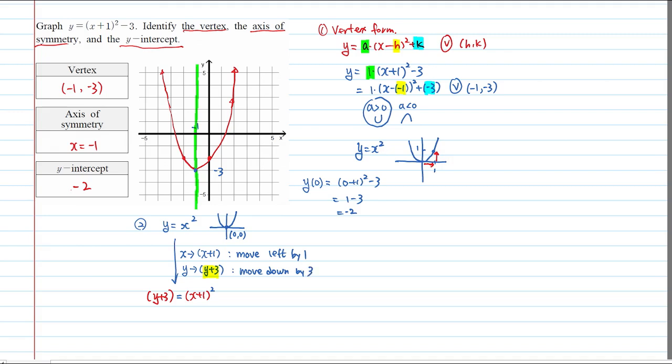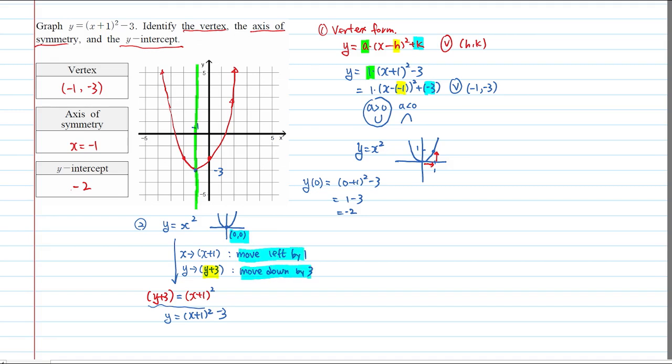So let's rewrite the equation. y is (x + 1)². You subtract 3 from both sides, that's negative 3. And 3 minus 3 will become 0. So what's interesting is this: in terms of the equation, it's x plus 1 and y plus 3, but with a point, you do what the interpretation says.